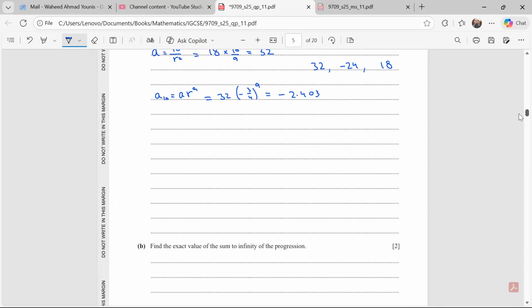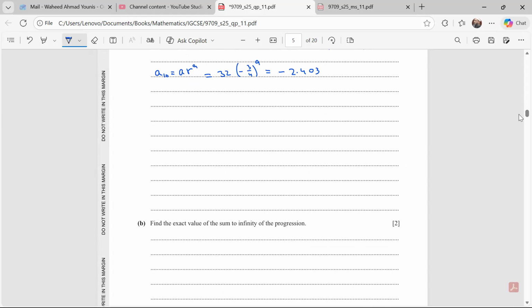Now find the exact value of the sum to infinity. Okay, remember that for a geometric sequence, the sum of infinite numbers is given by A over 1 minus R. Just to remind you, the sum of n terms was A times 1 minus R to the power n divided by 1 minus R. And when n is infinity and R is less than 1, this factor will disappear and I have only A over 1 minus R. So A was 32 divided by 1 minus, and R is minus 3 by 4.